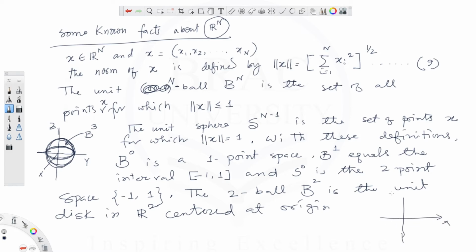This is the x-axis, this is the y-axis. We have this R2, the rectangular coordinate system, and then we can draw a unit disk here, which is this region. This two ball is drawn around the center 0, 0. So this is the two ball.